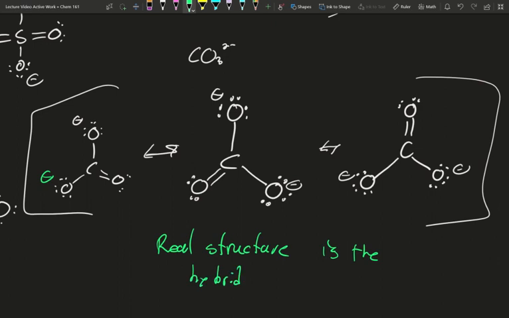But the problem is we can't draw that. There's no way to, in real time, draw moving things. It's too hard in the hand to draw that fast. And there's just no good way to show like a 1 1/3 bond. Lewis structures can't do it. And so these are resonance structures.